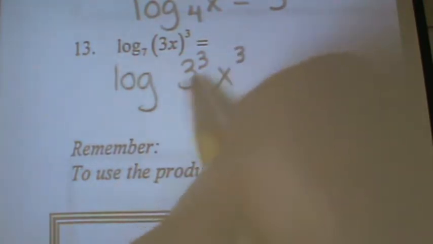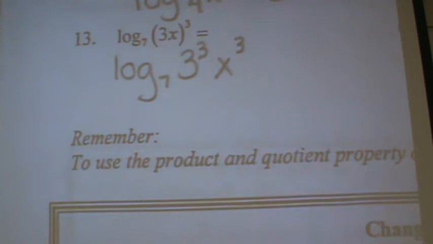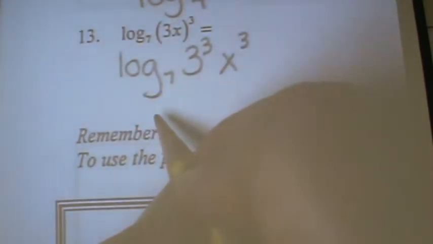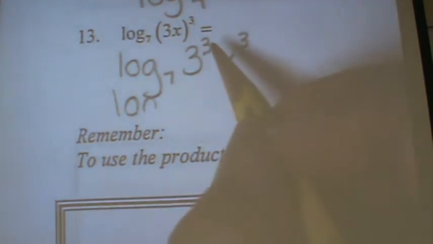Does everyone agree with that? Okay, then what would you do? Wait, what did you distribute, the 3? This 3 is the power. Remember, we talked about the exponent rule, power to power? You multiply it. You distribute it: the 3 has to go to both of these.